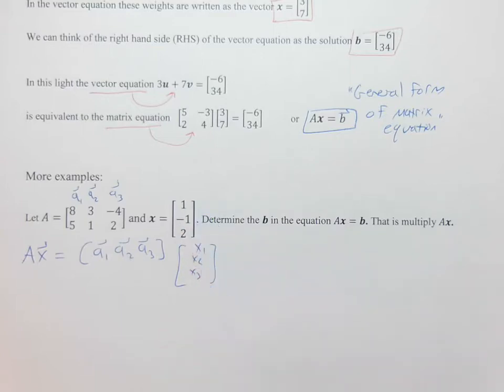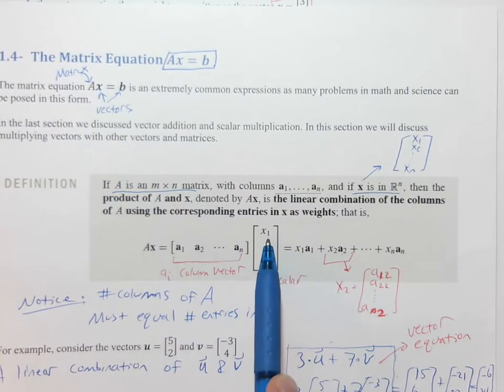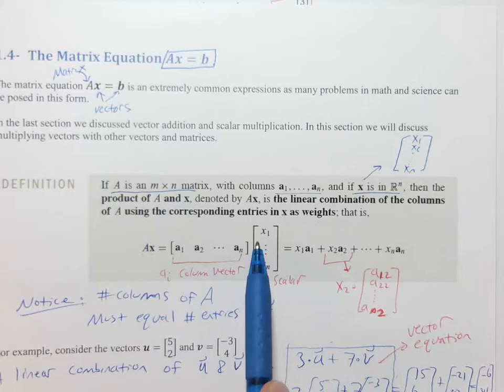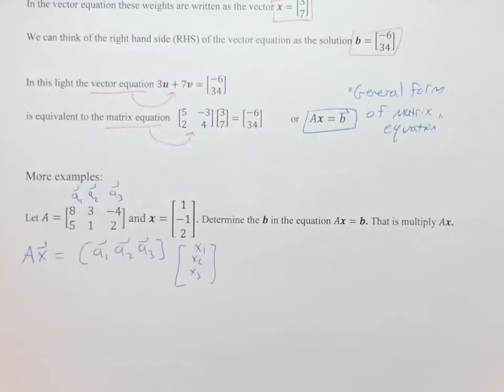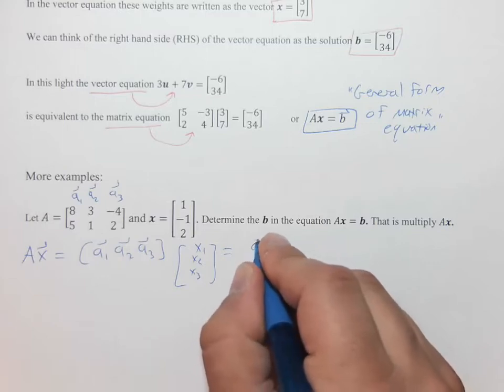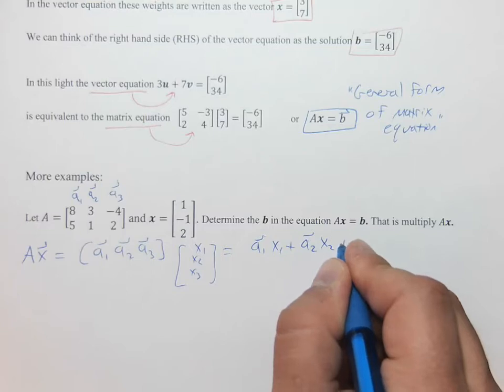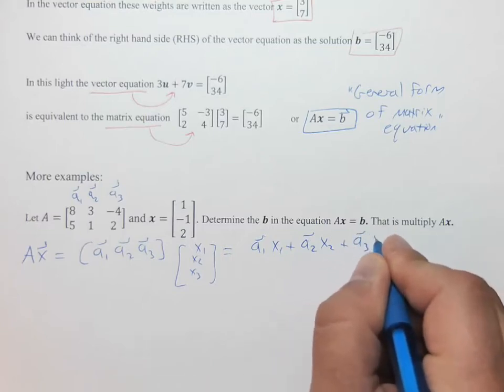Based on the formula on the last page, the first column gets the weight in the first entry, the second column gets the weight in the second entry, etc. So this ends up being a1 x1 plus a2 x2 plus a3 x3.